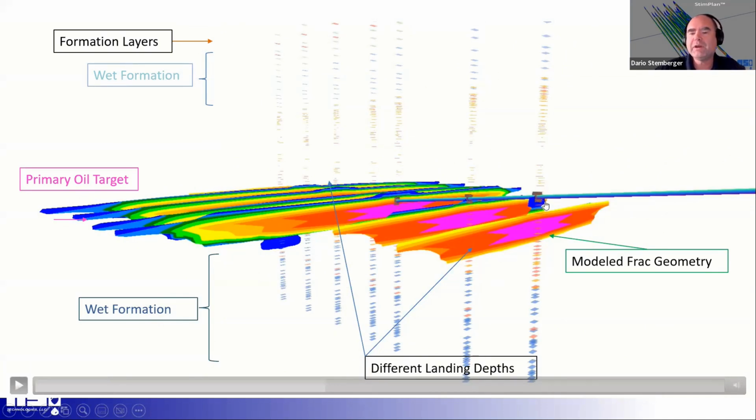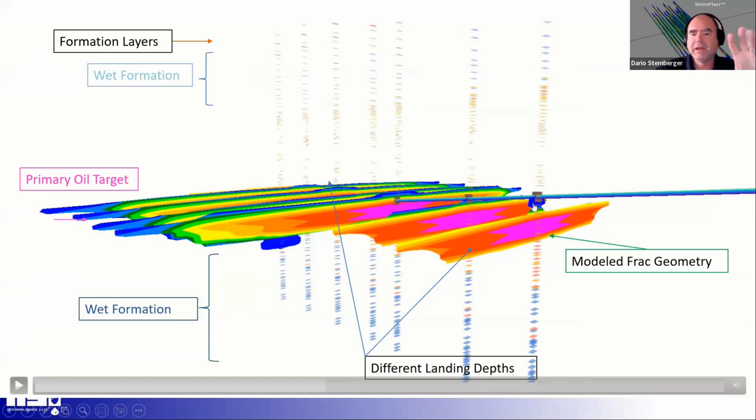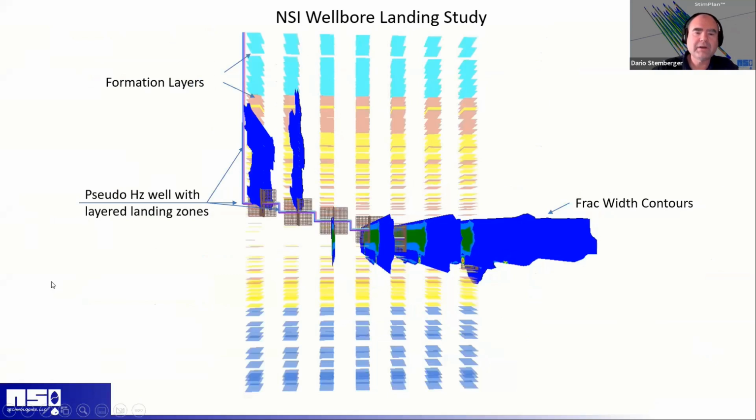So when we look at, and this is a peculiar case where they're doing single cluster horizontal wells, although the 5 they've done are vertical. So this is what I call a landing study. This is looking at putting perforations in different layers to see how the frac grows. And so this helps them understand where the optimal landing is, and hopefully the drillers can keep us in that position.